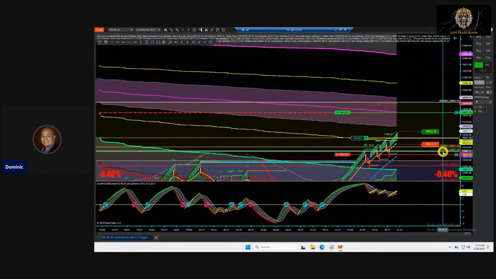Yeah, I mean, this may just make it up to the VWAP. Momentum is so weak. Yeah, I'm going to just scalp it for 400.